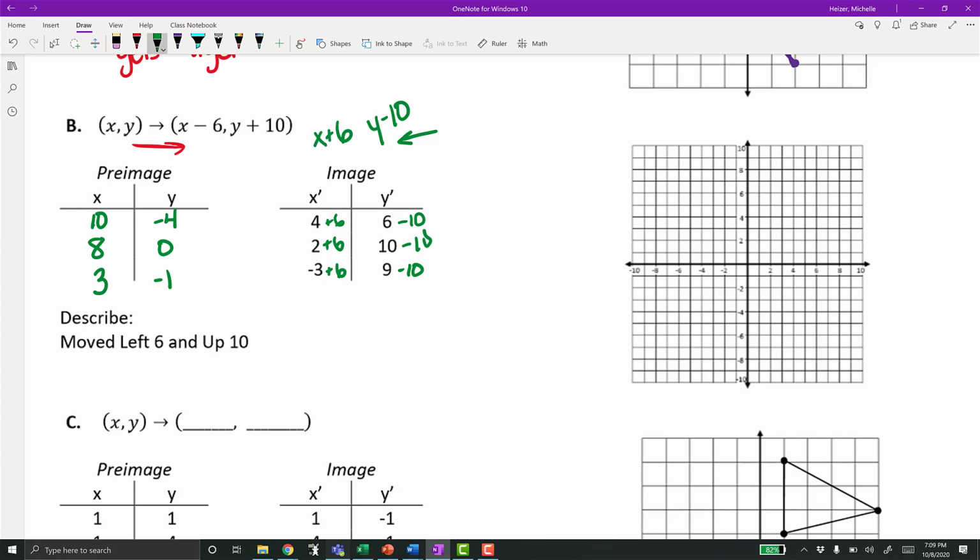I'm going to erase these values just so we don't get confused when we're graphing it. I'll keep my pre-image in green, and then I'll do my image in purple.